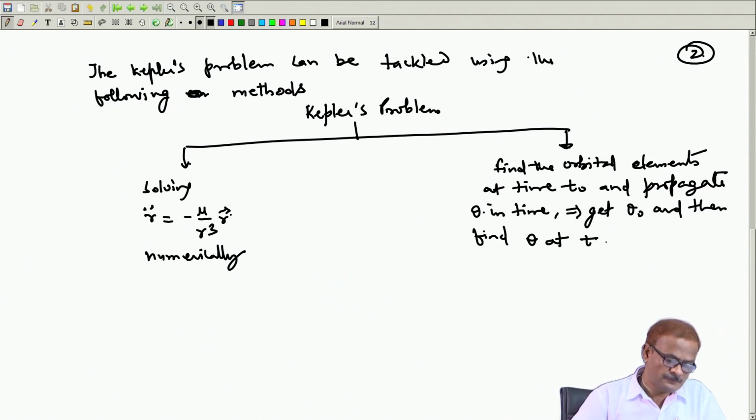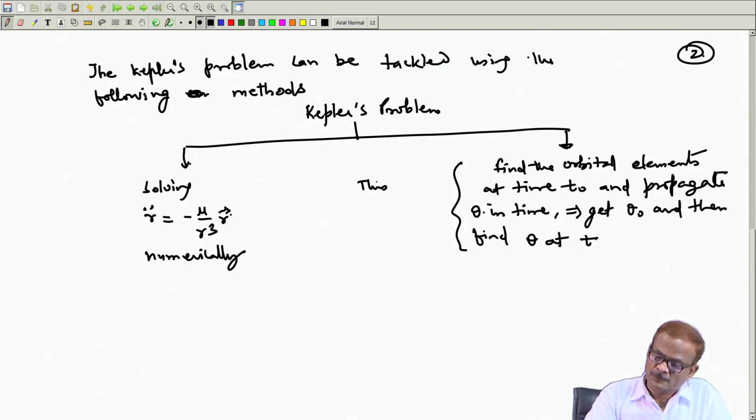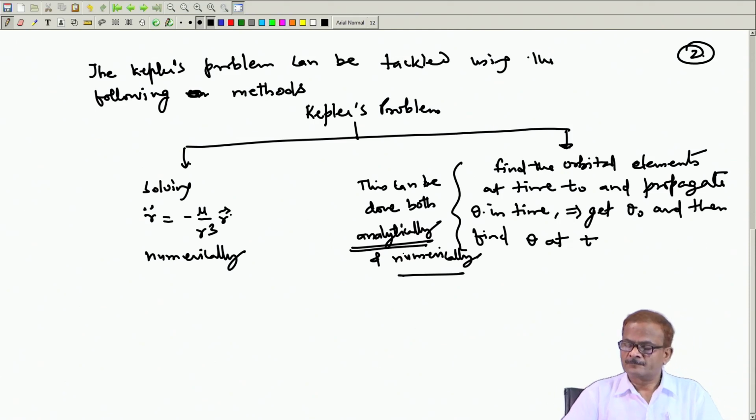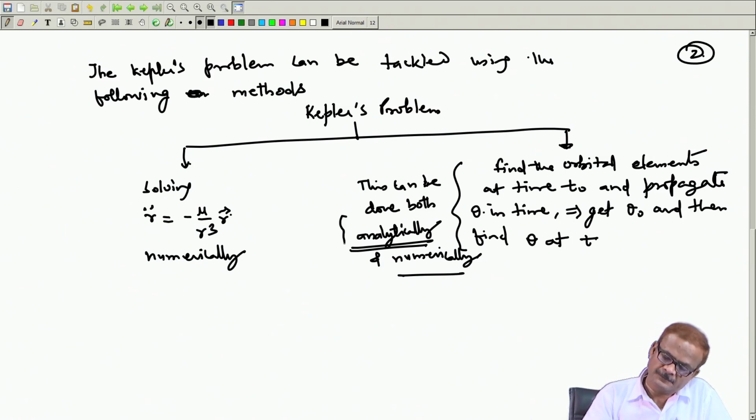This can be done both analytically and numerically. We are going to discuss the analytical way of doing this, and that particularly we call Kepler's equation.